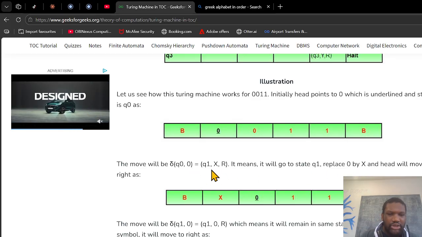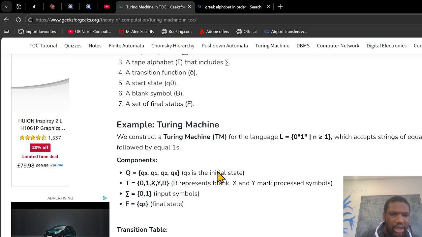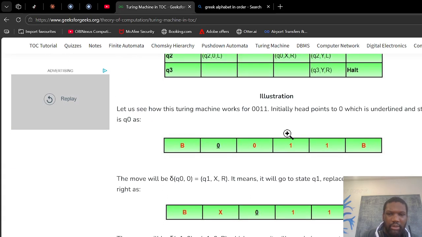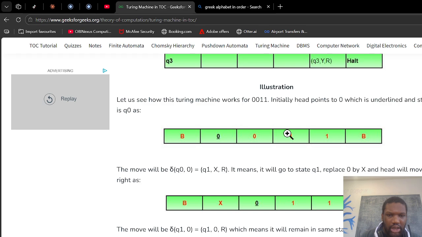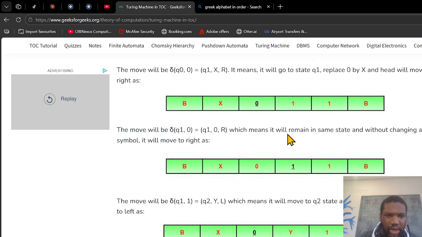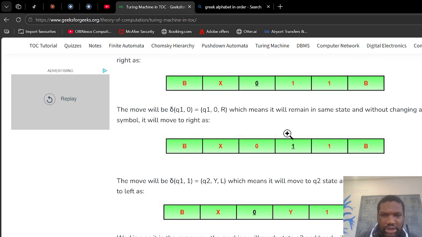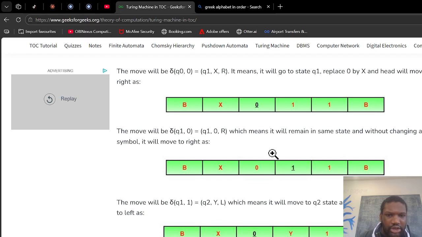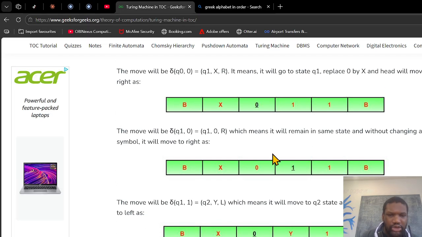So the movement on Q0 represents 0 M, for what is called a grammar. This moves 1. C to 0 means remain in the same state, not changing the symbol. But it's a 1, so it's trying to eliminate all zeros.